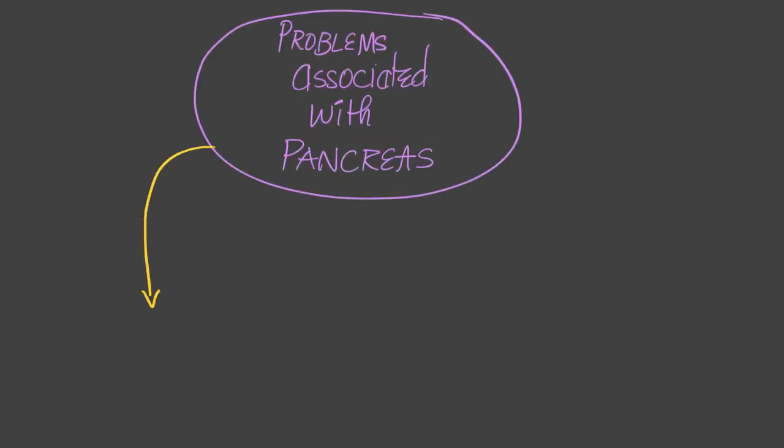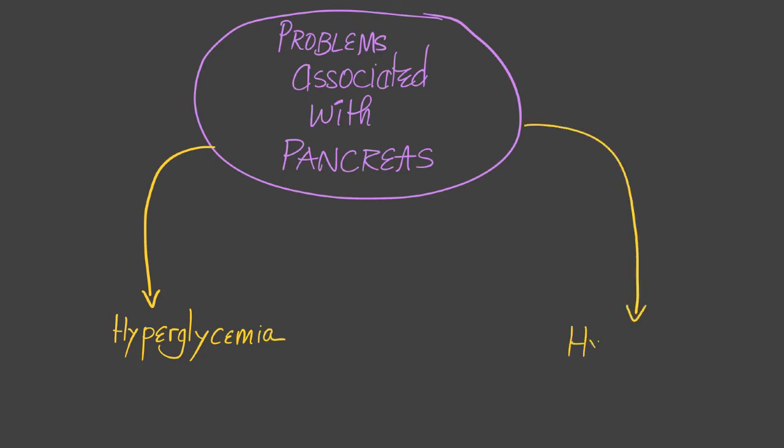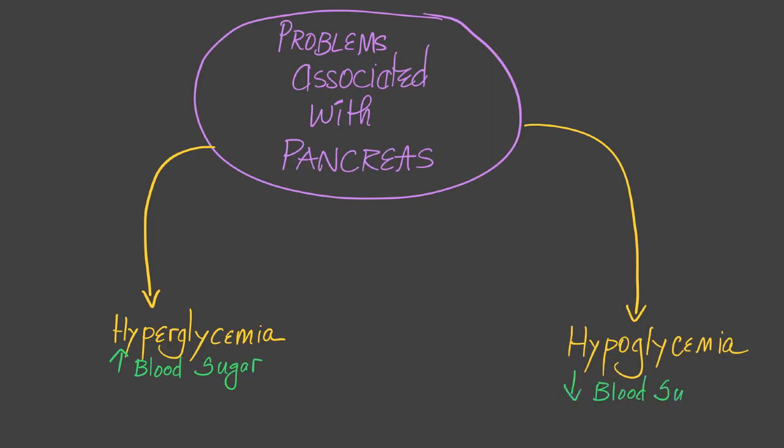Let's look at some problems associated with the pancreas. We have hyperglycemia. Hyper means too much, glyco means sugar, and emia means blood condition. Or we have hypoglycemia. Hypo means too little, glyco means sugar, emia means blood condition. So in hyperglycemia, the blood sugar levels are too high. In hypoglycemia, the blood sugar levels are too low.